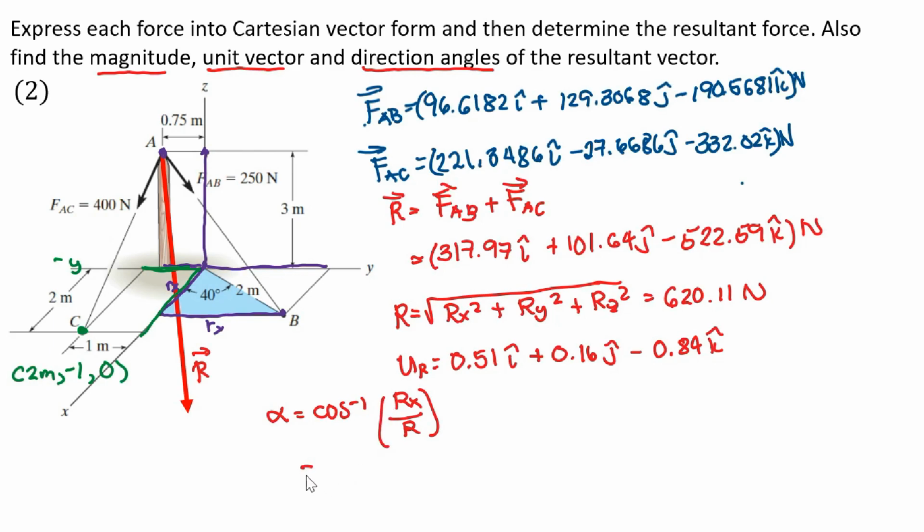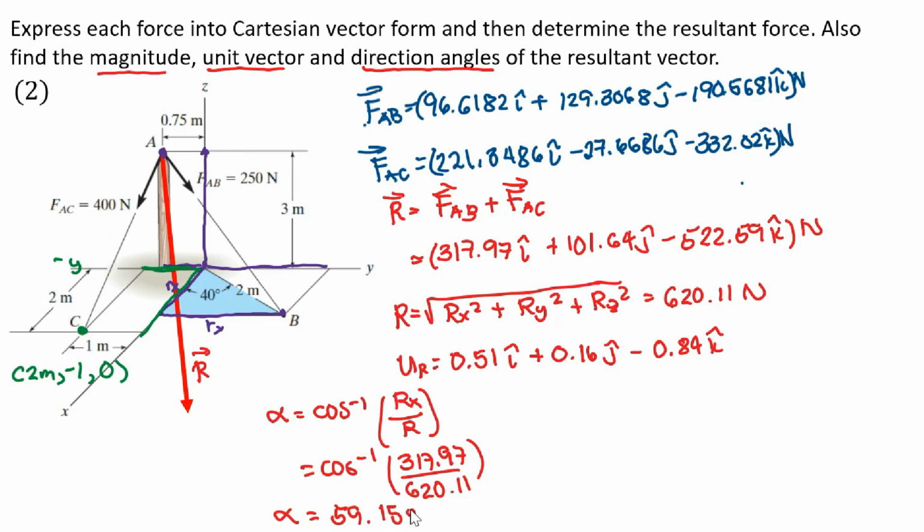So that will be arccosine of Rx, which is 317.97 divided by 620.11.